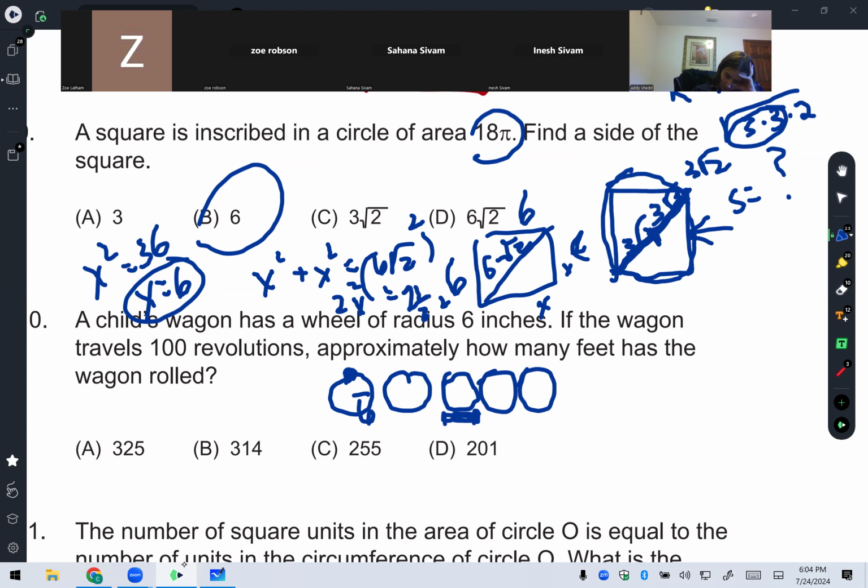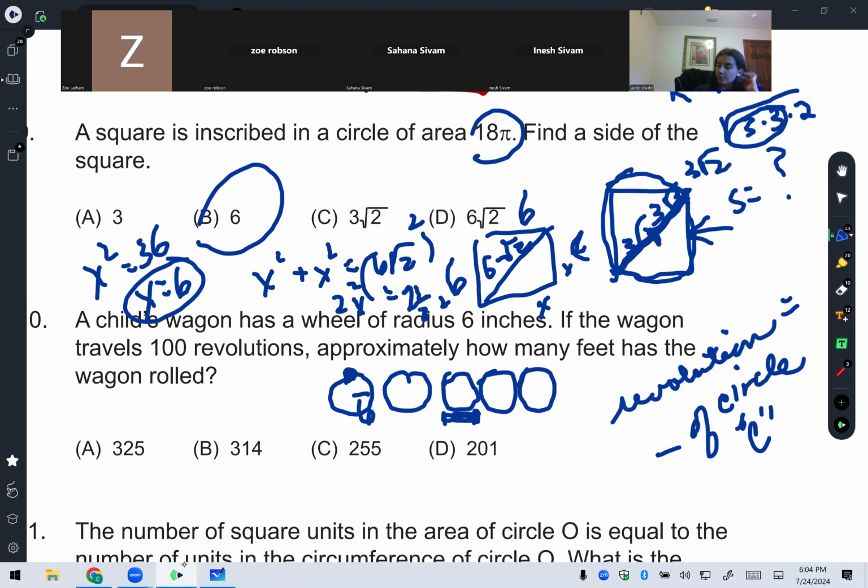Every revolution is the blank of the circle. Circumference, good.